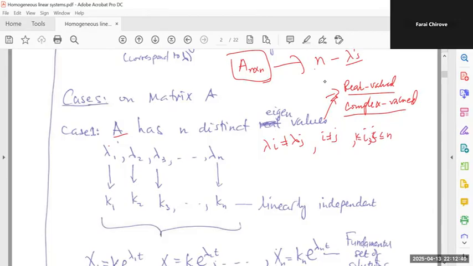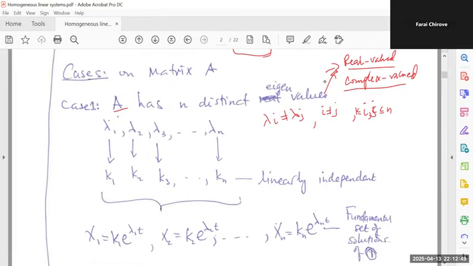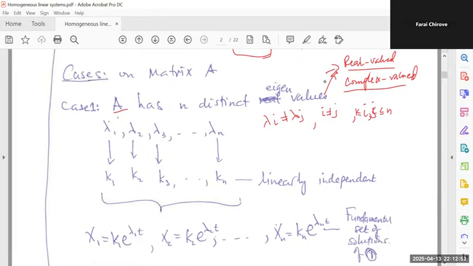It just says that there are no two eigenvalues that are equal, all of them are different.